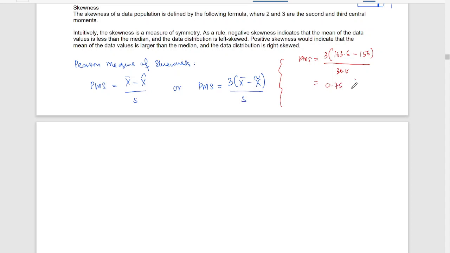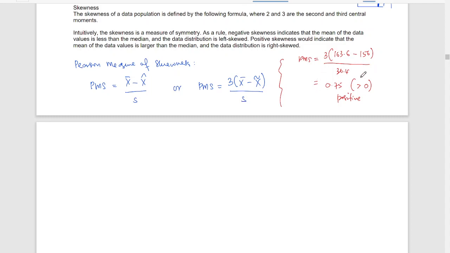0.75. So this is greater than 0, right? So which is positive. Betul, right? So this indicates that your data distribution is positively skewed because the value is positive. If you get the value of PMS to be negative, then your data distribution is negatively skewed.